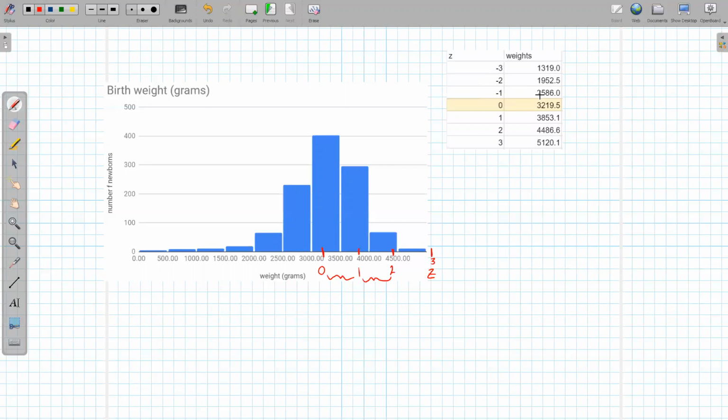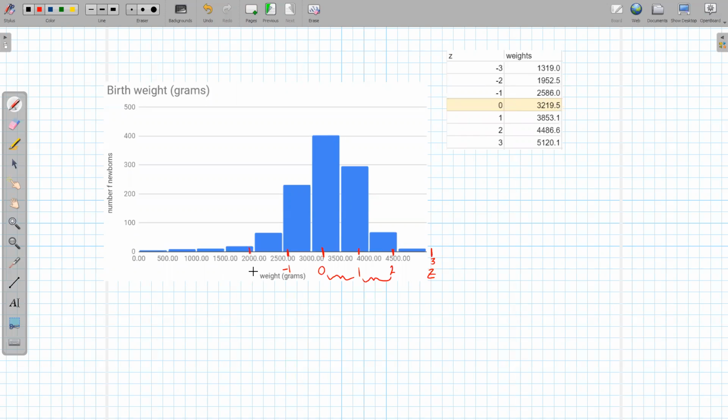One below is 2,586. So 2,500, 3,000, probably about here-ish would be a z-score of -1. -2 is 1,952-ish. So 1,500, 2,500, and pretty close to 2,000.